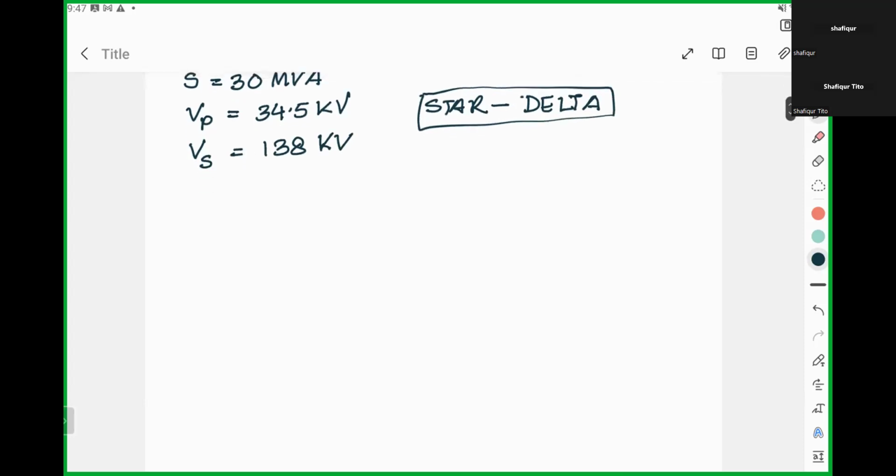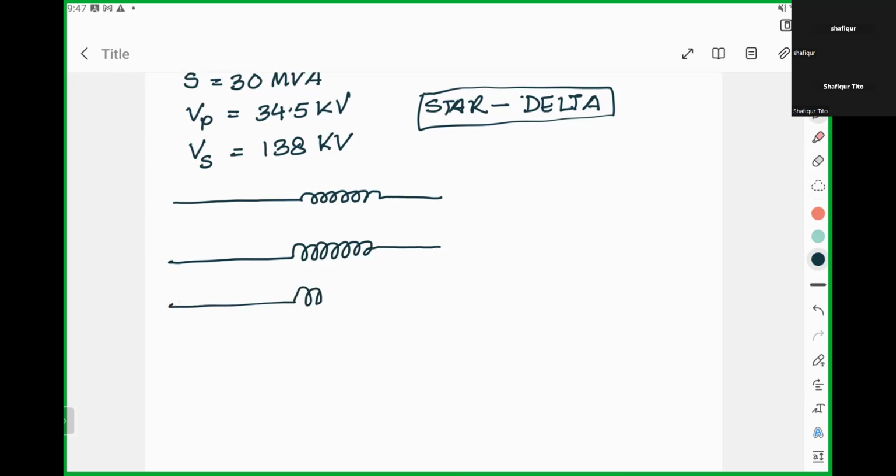So let us start drawing and simplifying this diagram. The primary side is connected in star, so I will try to draw this connection and make it a star connection.